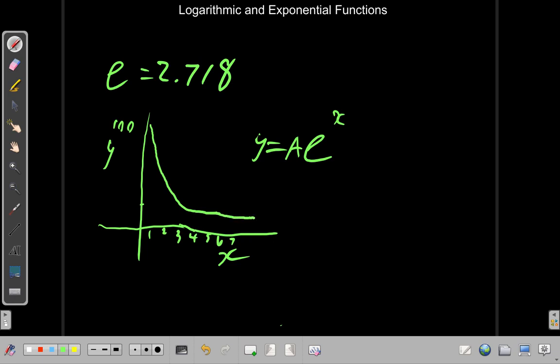At some point you plot the graph of temperature, the y would be temperature versus time, the x would be time, all right? You will find that y equals a number times e raised to the power of negative x, all right? So in this case, what you have is a cooling.